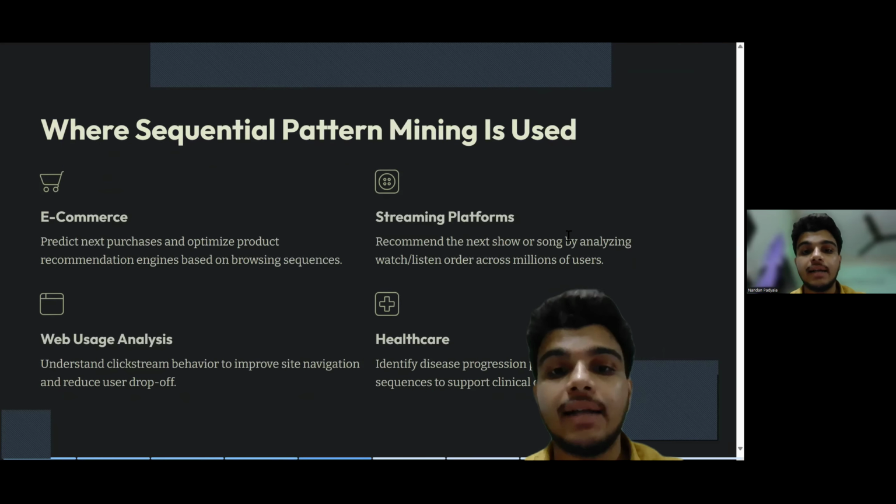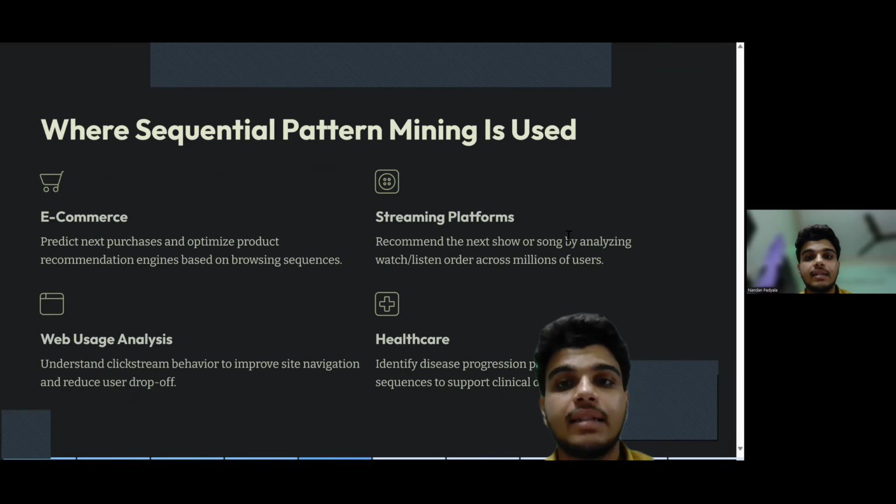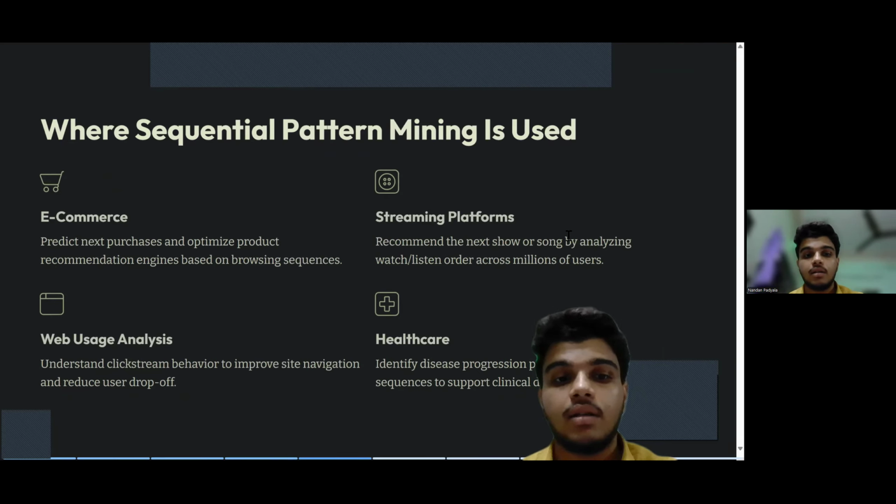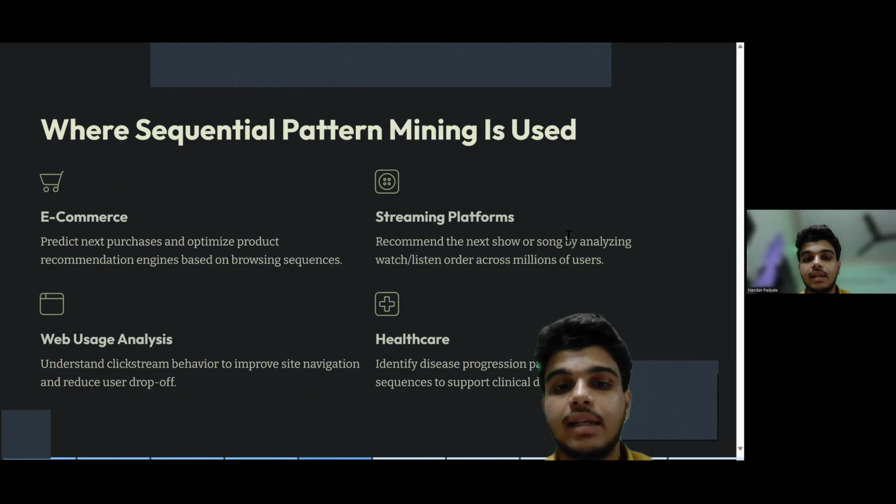So coming to the next slide, sequential pattern mining has a wide range of applications. In e-commerce, it helps in product recommendation systems, predicts next purchases, and optimizes recommendation engines based on browsing sequences. In streaming platforms like Netflix and YouTube, it suggests content based on viewing history.